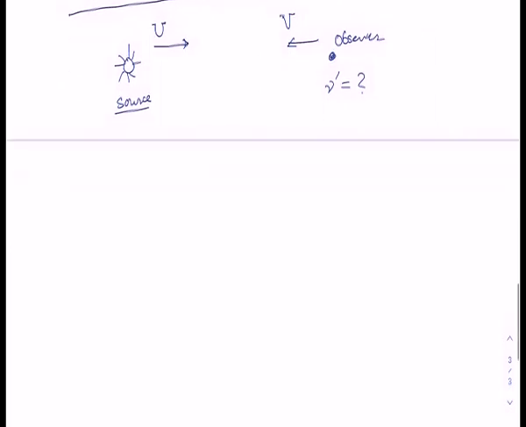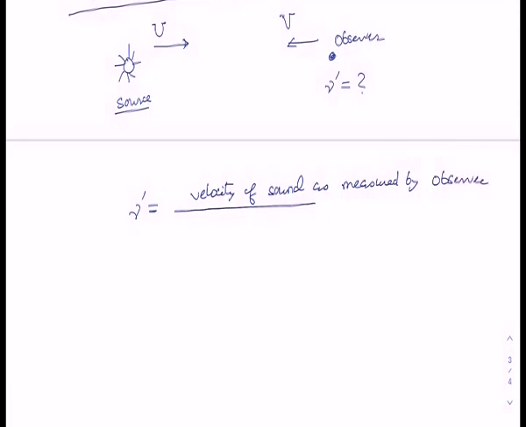So this is our observer and this is our source. Let us again, nu dash would be the frequency as measured by the observer, which would be the velocity of sound as measured by the observer, and then the wavelength of sound.